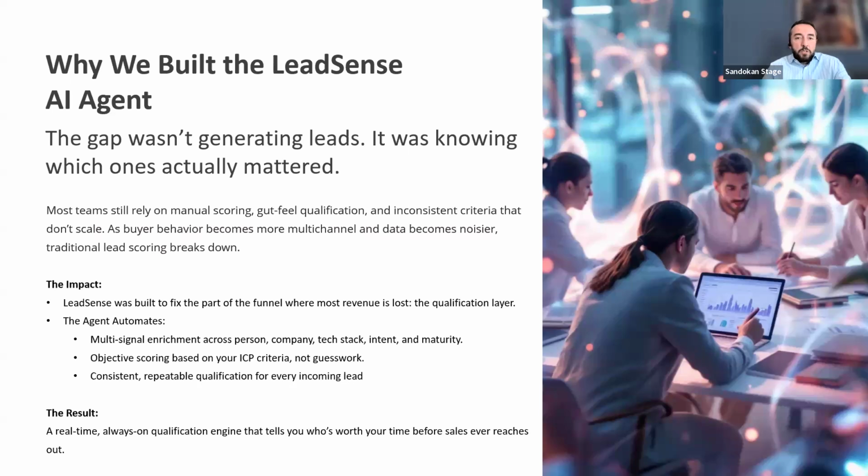And here's the thing. Most companies try to fix this with lead scoring. And I'm not saying that traditional scoring is useless. It's not. If someone opens up 10 emails and downloads 3 white papers, yeah, they're engaged, but engaged doesn't mean qualified. I've seen leads with 90-point scores that turned out to be consultants just doing research for a client.